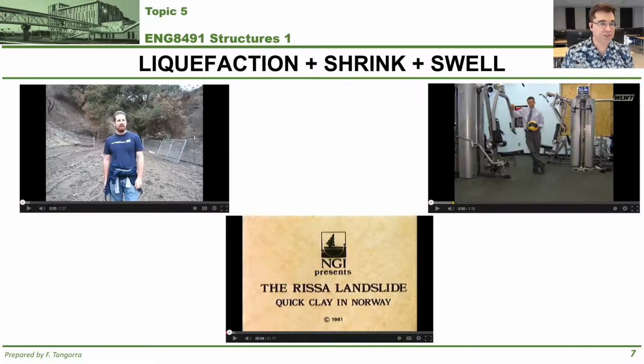Also of shrinkage in soil and how it affects buildings in the top right corner right now, as well as a real-life case scenario of the Risa landslide in Norway. This is studied and well known in the circles of geotechnical engineering because it's a massive example of liquefaction, and it's a well-done documentary.